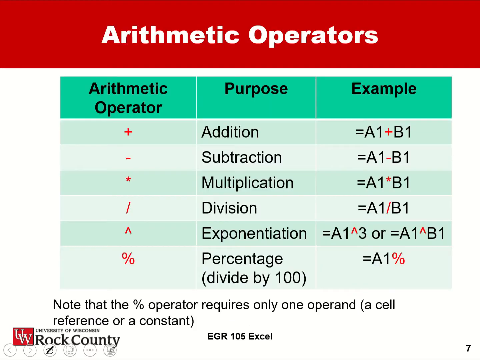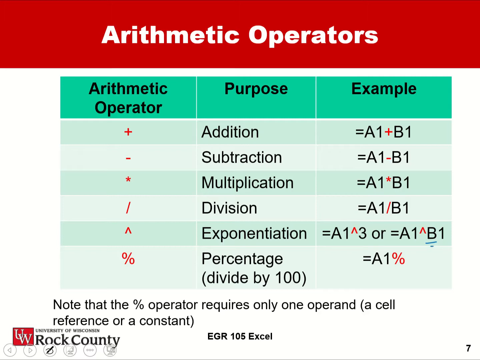Here are our basic arithmetic operations. We have the plus for addition, the minus for subtraction, the multiply is our asterisk, we have our division sign, we have our caret sign for our exponent, raising it to some power like cubed or squared, or here it can even be some variable.